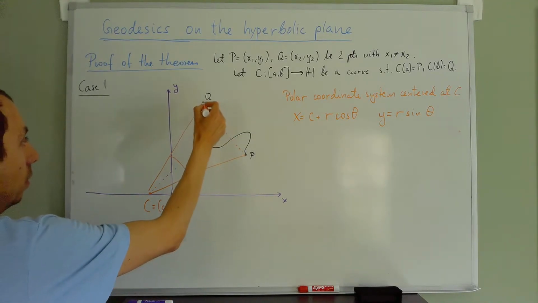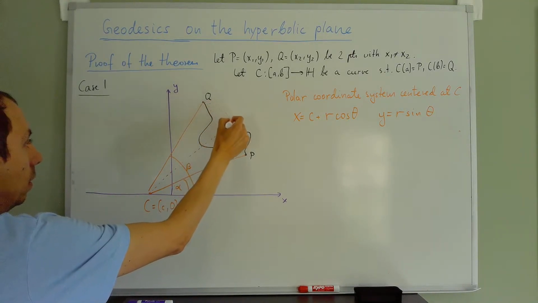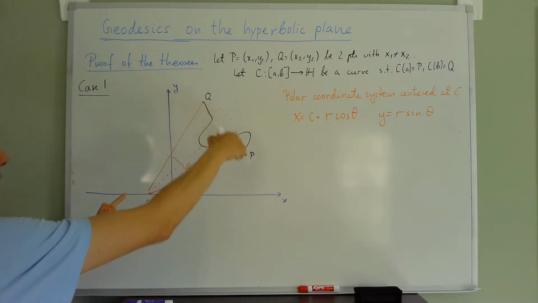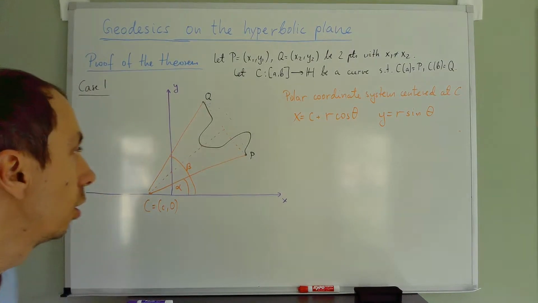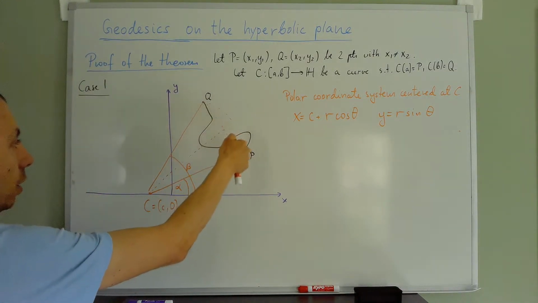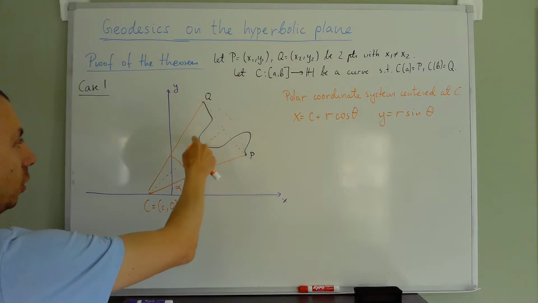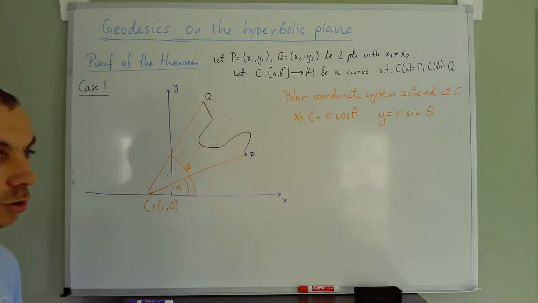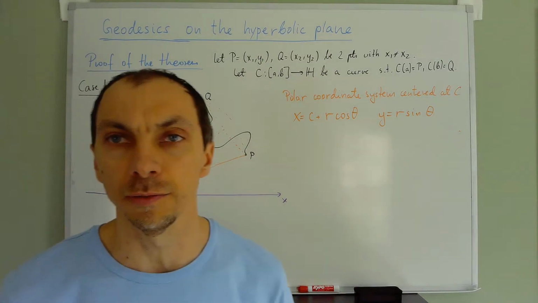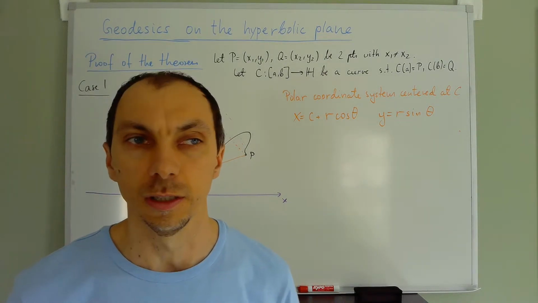It's sort of right there. So that's the Euclidean circle that connects the points P and Q. And the point is to show that the hyperbolic length of this curve is greater than the hyperbolic length of that circle. And I know what the hyperbolic length of that circle is. We have a formula for it.